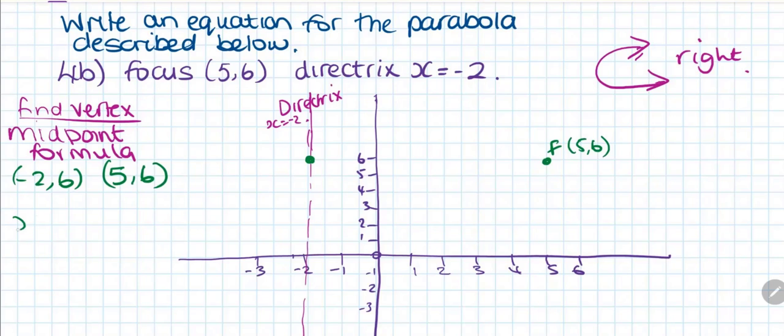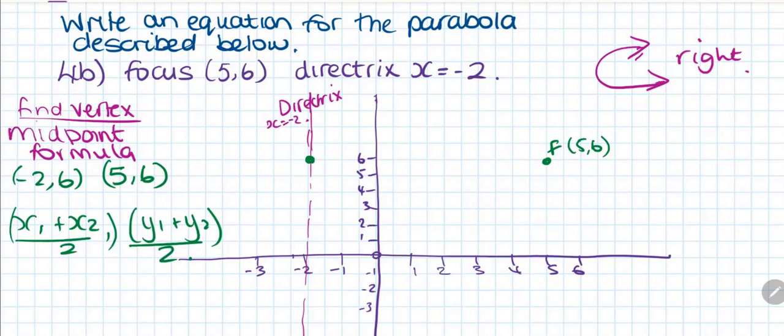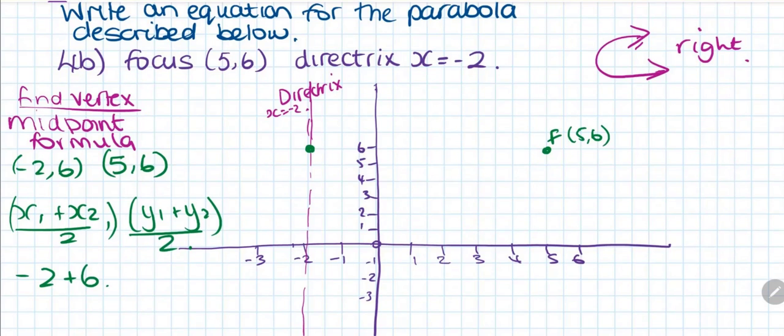So we've got (x1 plus x2) divided by 2, and (y1 plus y2) divided by 2. So we've got -2 and 5, so -2 plus 5 divided by 2.